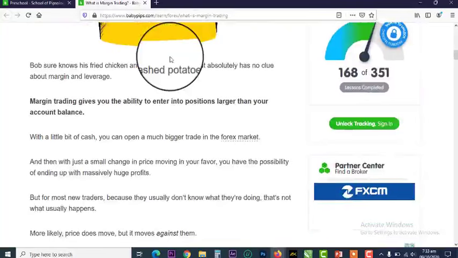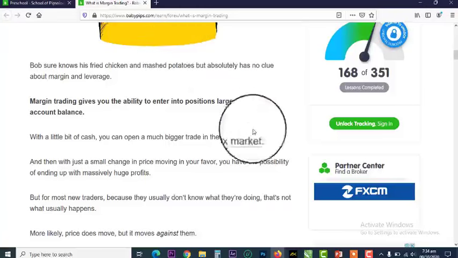You remember earlier on we said if you want to control a financial instrument that is worth 100,000 units, you must have, let's say, $100,000 in your account. Let's say you do not have that kind of amount of money in your account. However, you want to be able to trade like somebody who owns 100,000 US dollars in his or her account.